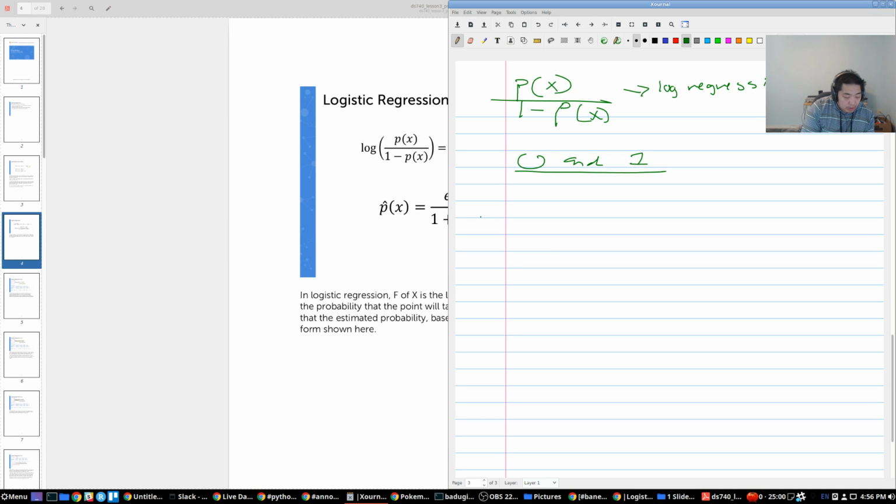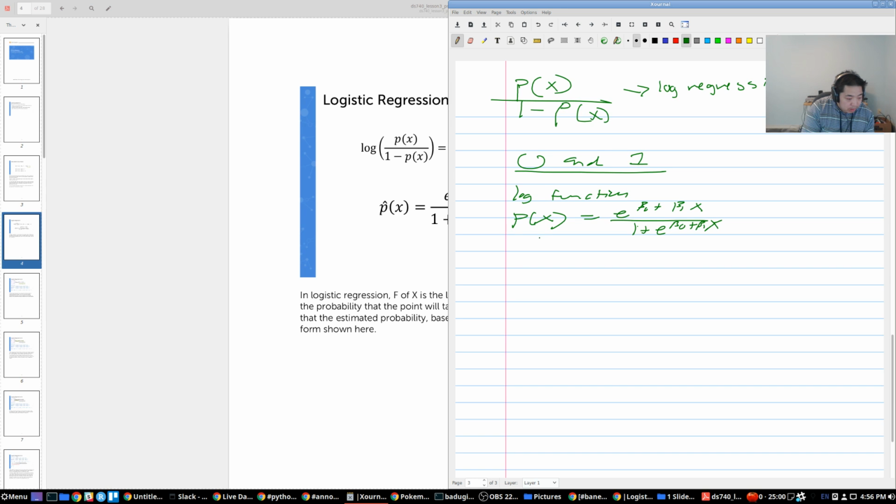We use the logistic function. So the probability of x is e to the b0 plus b1 x over 1 plus e to the b0 plus b1 x.